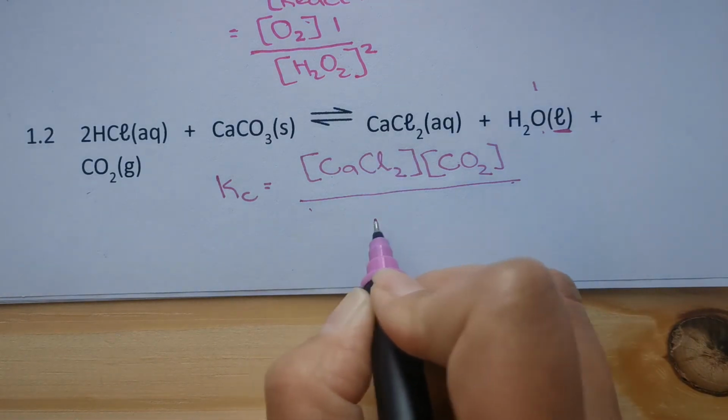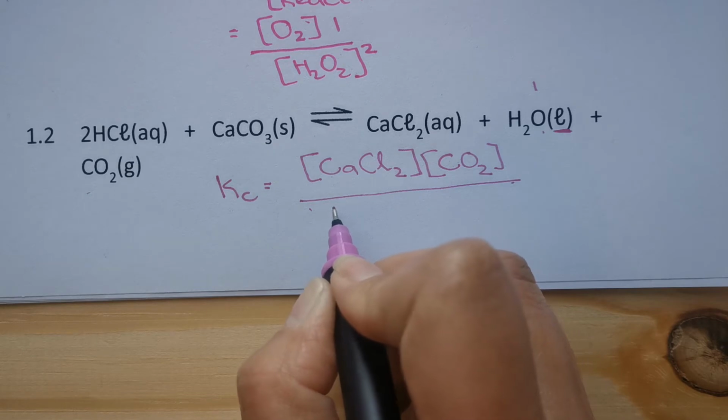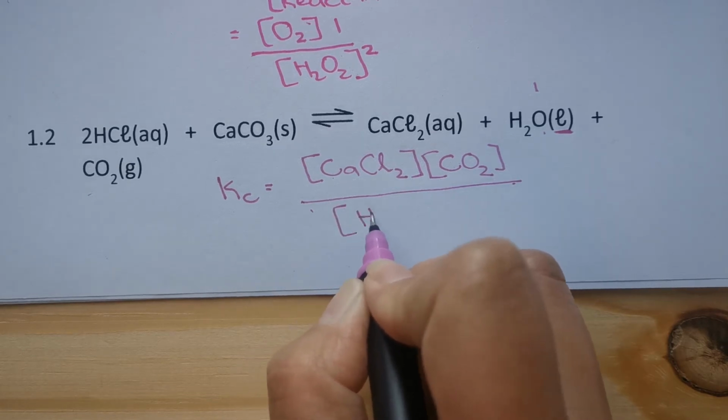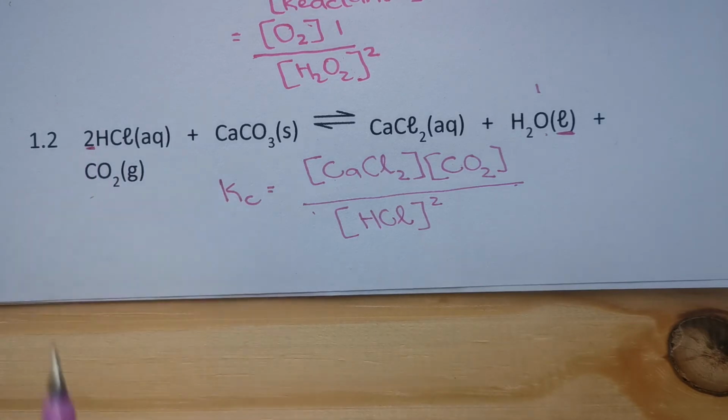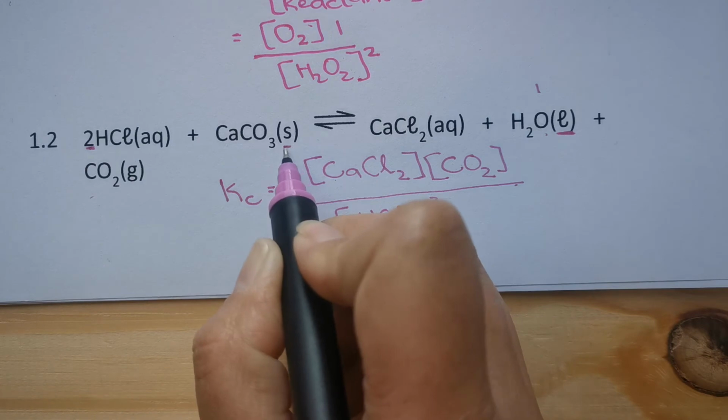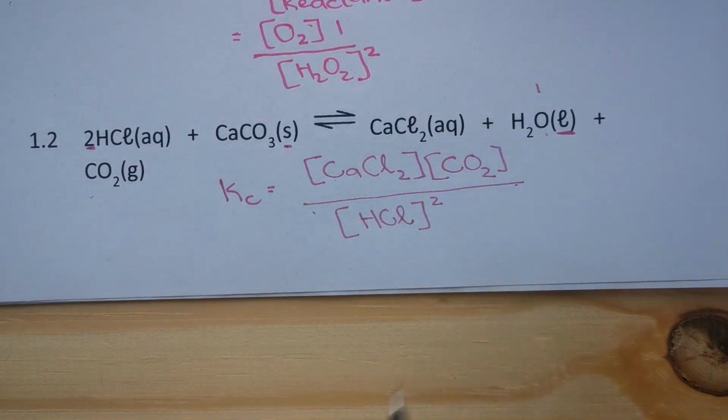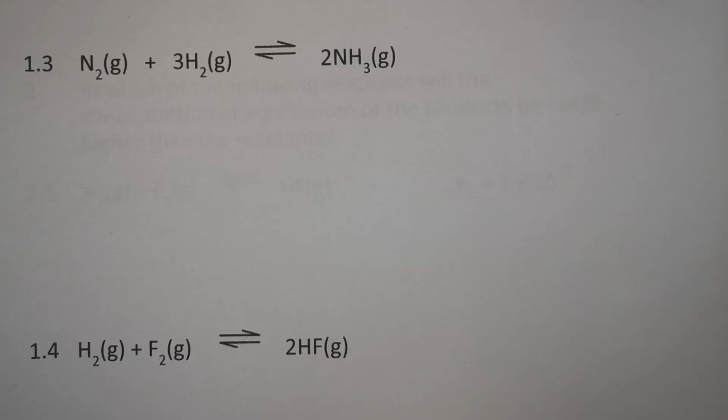Okay, and then my reactants, I'm going to have HCl raised to the power of 2 because of the balanced equation. Are you with me? And then because the calcium carbonate is a solid, I also don't need to add it in to my Kc expression. So that then is our second example.